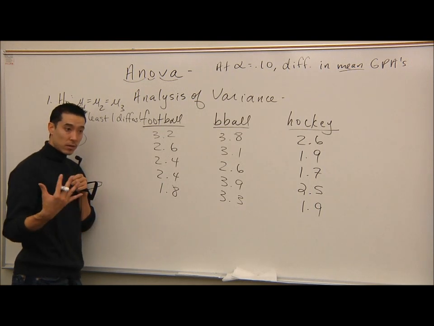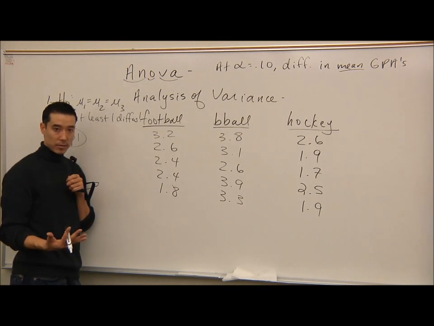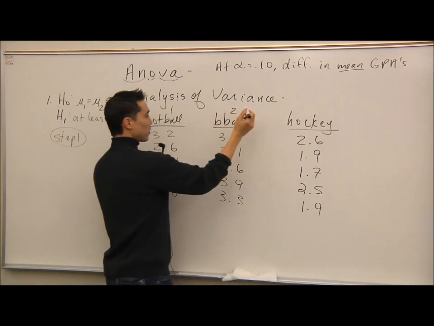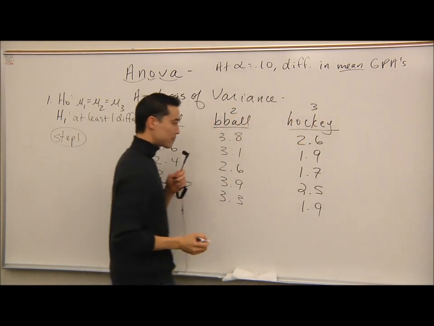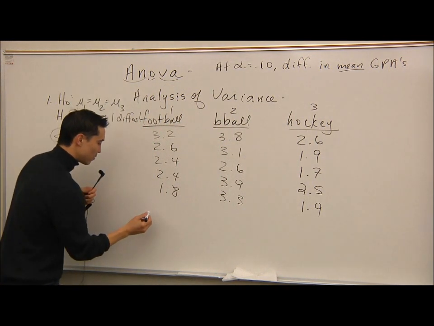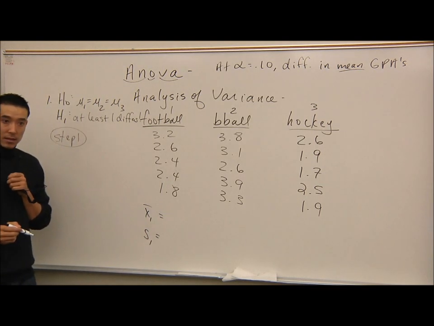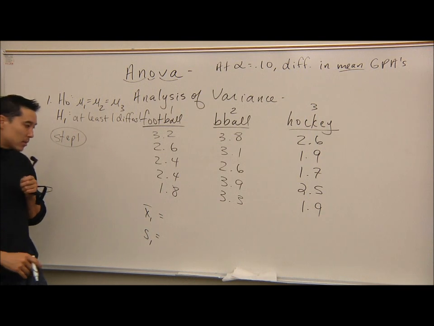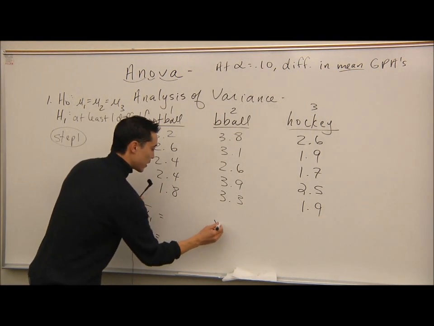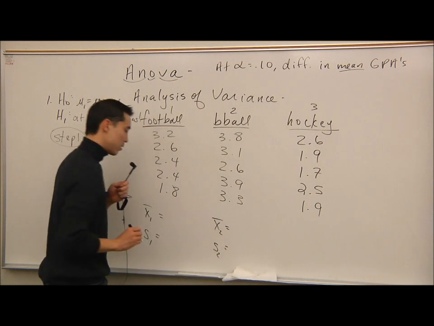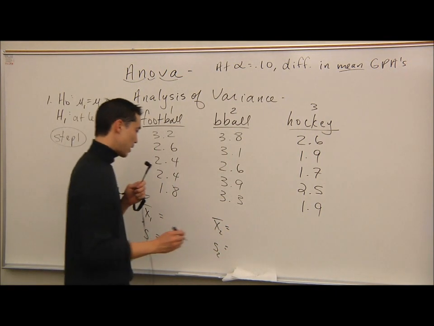So when you're doing your homework or quiz or test, I need you to be able to do that, all right? Since football was given first, I'm going to let that be 1, basketball 2, hockey 3, okay? And so underneath here, I'm going to have an X1 bar, and I'm also going to have an S1, okay? And you need to be able to calculate that. I know all of you guys can do that. I'll probably just give you the numbers in a second, but make sure that you can calculate the mean and standard deviation for each of these samples.